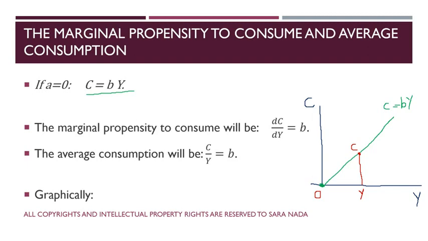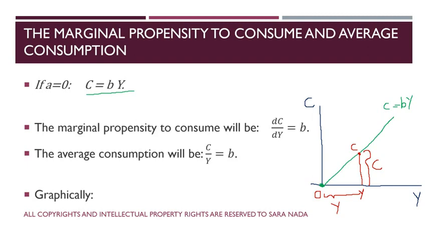You will notice that this slope is equal to C because all this vertical line has the value C, while this horizontal line has the value Y. So we can say that the slope is equal to C over Y. Okay, but C over Y is just the average consumption.